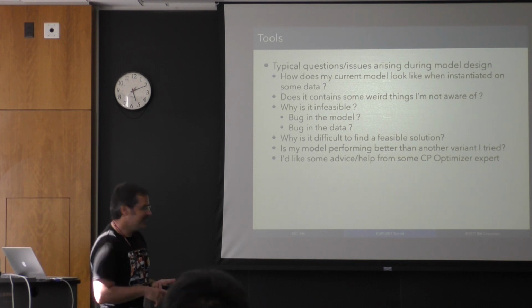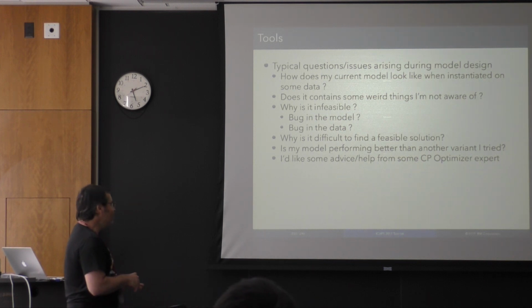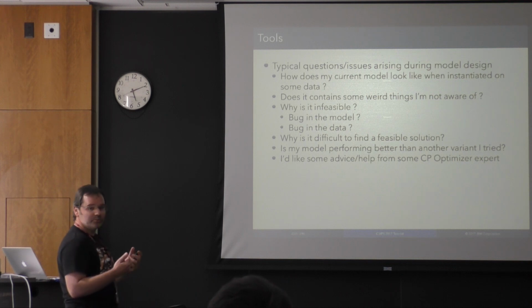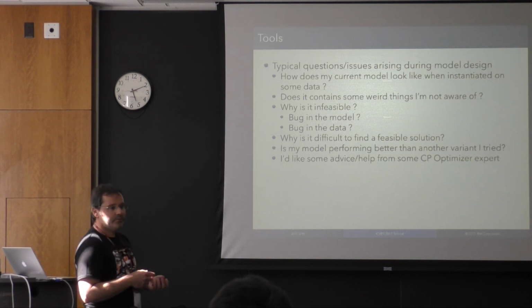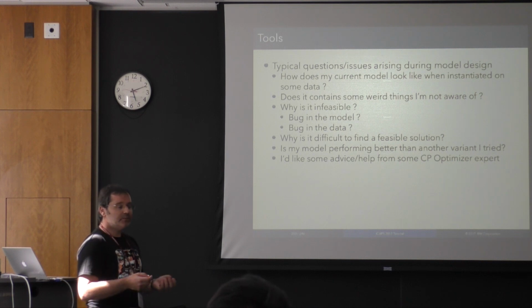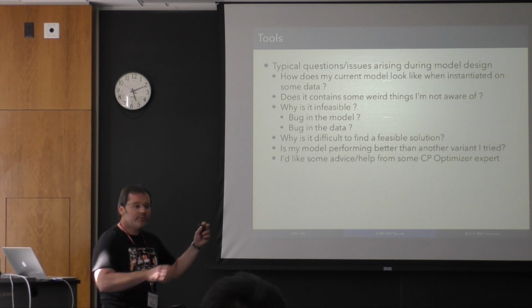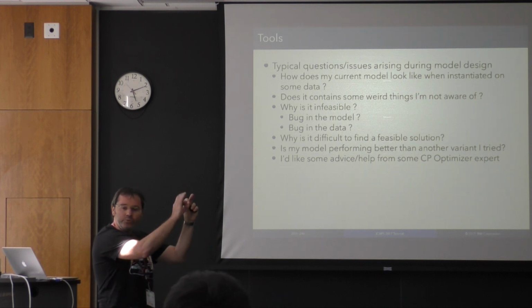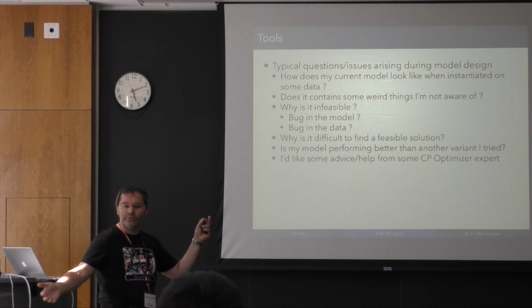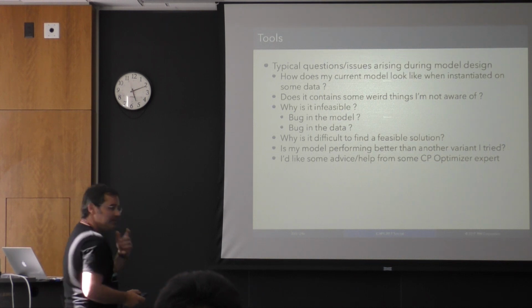It happens to everyone. Yeah. And the way to assess two versions, the answer is not that easy, because it may just be by luck, because you have added something that changes something in the search, you follow a different path, and then you find a better solution. It's not easy.